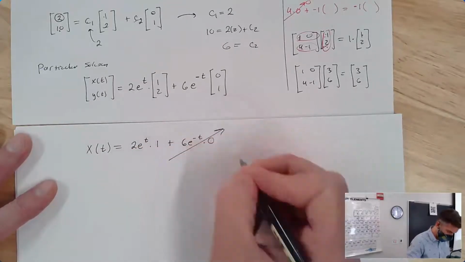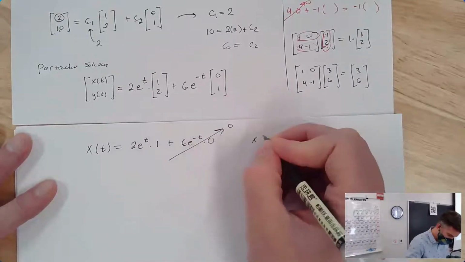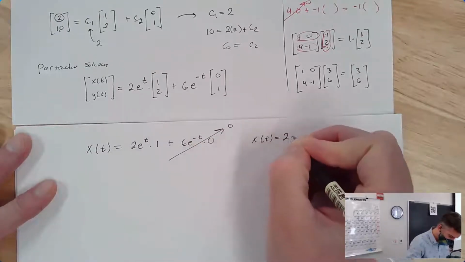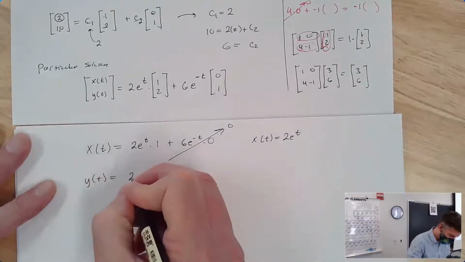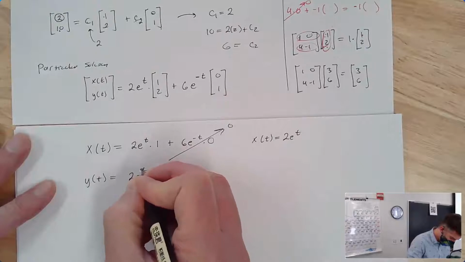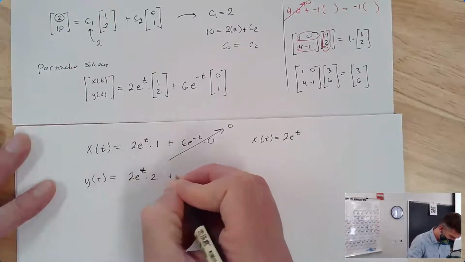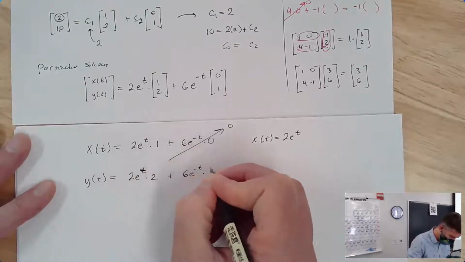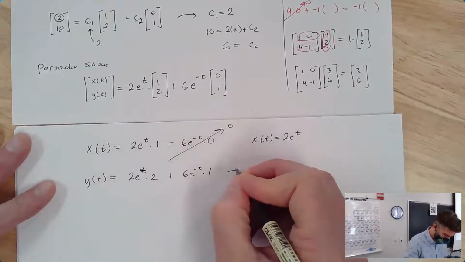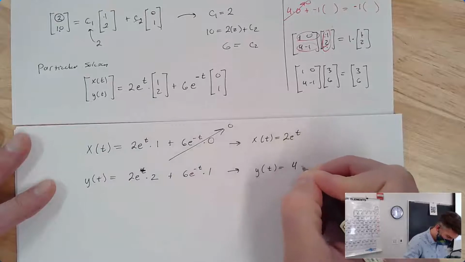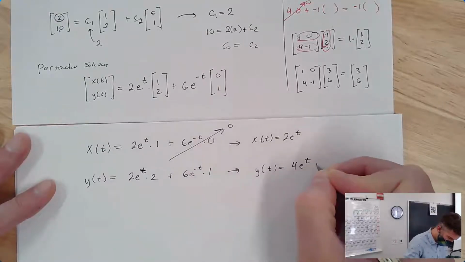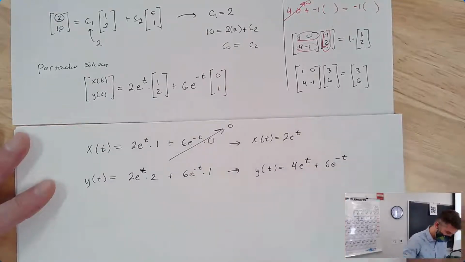That's just 0. So x of t is 2 e to the t, and y of t is the second row. It's 2 e to the t times 2 plus 6 e to the negative t times 1. And I would probably rewrite that as y of t equals 4 e to the t plus 6 e to the negative t.